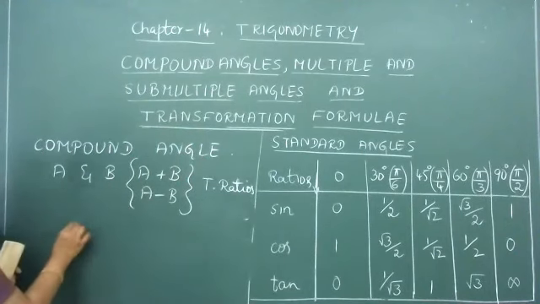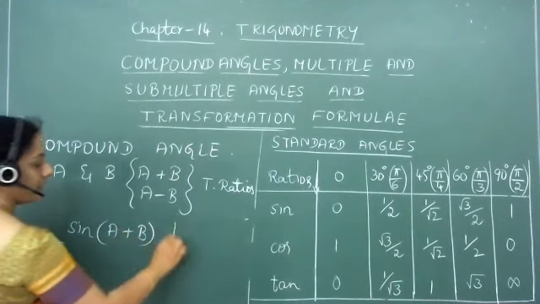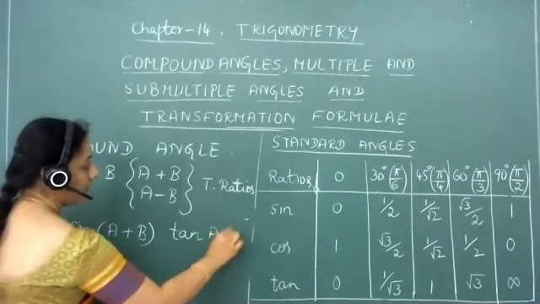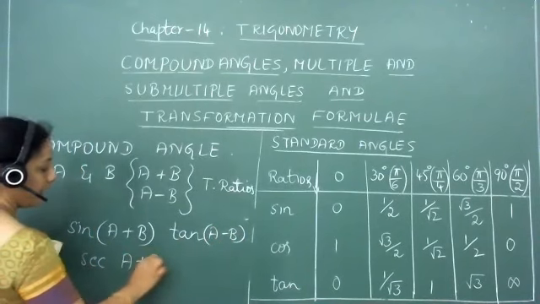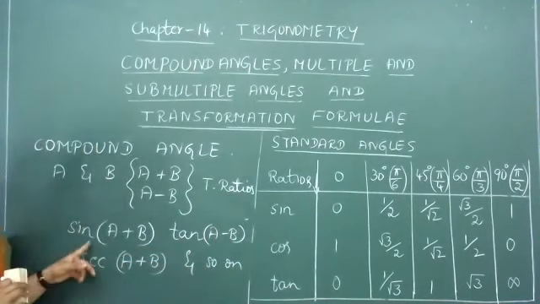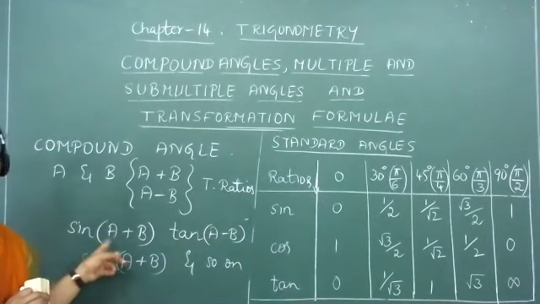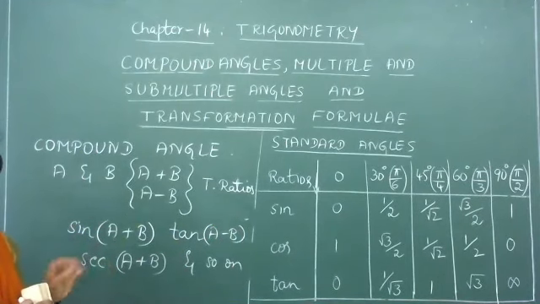So how does one find out maybe sine of A plus B, or tan of A minus B, or maybe secant of A plus B, and so on? How are we going to find the trigonometric ratios of any of these kinds of compound angles, which is what we are going to learn in today's class.